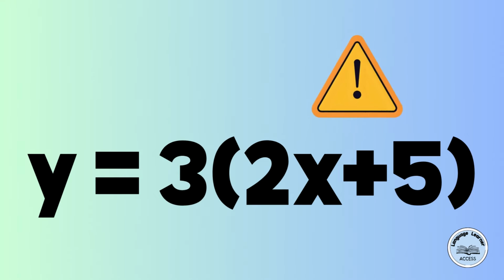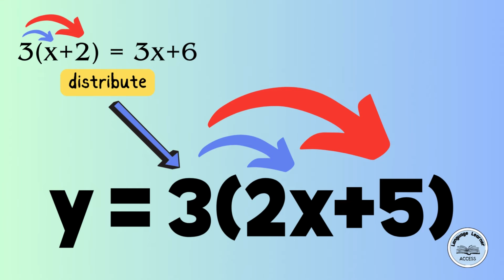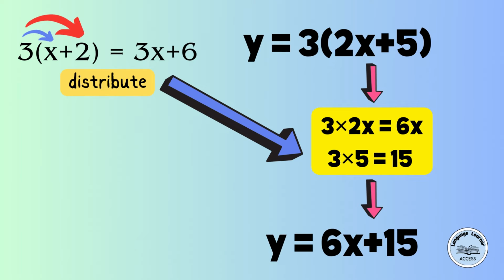Sometimes it's not possible to solve what's inside the parentheses. Let's look at the equation on the screen. In this case, we need to distribute the number outside the parentheses to each term inside it. When we distribute a number, we multiply it by the terms inside the parentheses.